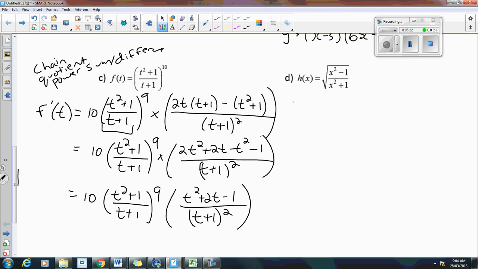Okay, for D, the other method that we could have also used for C is to rewrite this as a power of the top divided by a power of the bottom. And now we can use the quotient rule, and within the quotient rule we will use the chain rule. So the quotient rule tells me I take f prime.